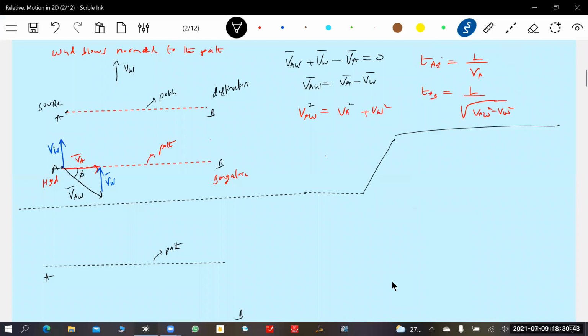Yeah, I can continue here now. Now the wind blows at a direction.